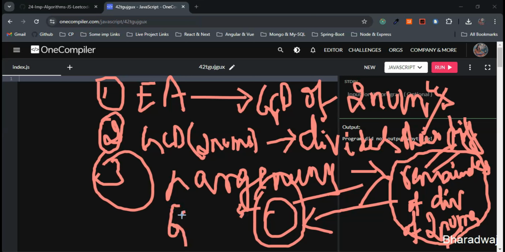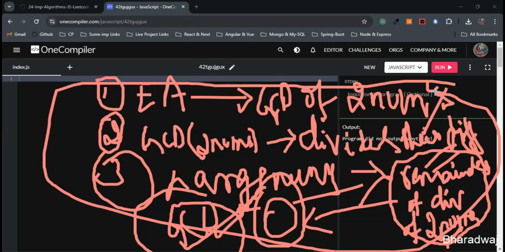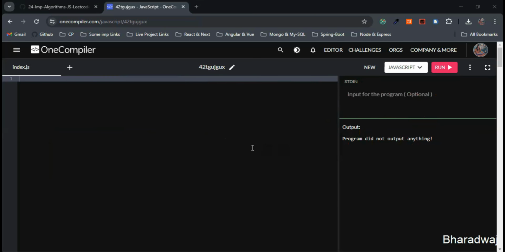Then the other number that we get is the GCD, the greatest common divisor. I hope this is clear. This is the approach that we are going with, so let's try to implement it in code.